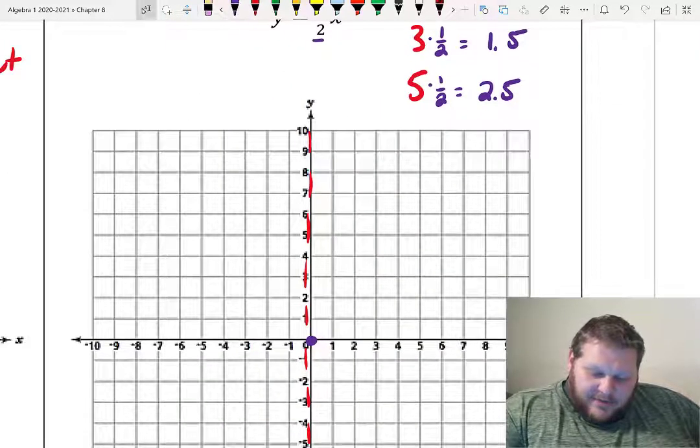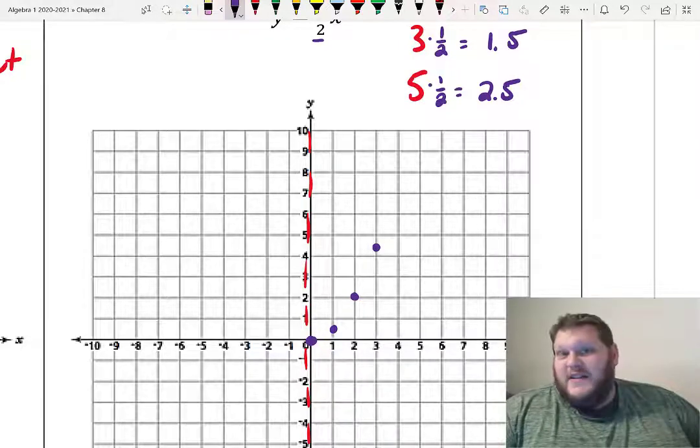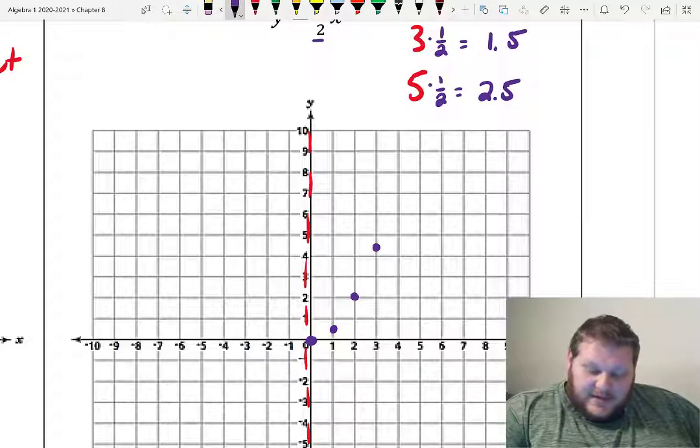So on my graph, I'm going to go up 1/2 and over 1, up 1.5 over 1, up 2.5 and over 1. We'll do that on the same side. Or I do the same thing on the other side. Up 1/2 over 1, up 1.5 over 1, up 2.5 and over 1.